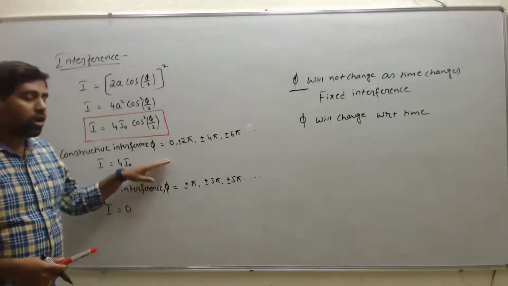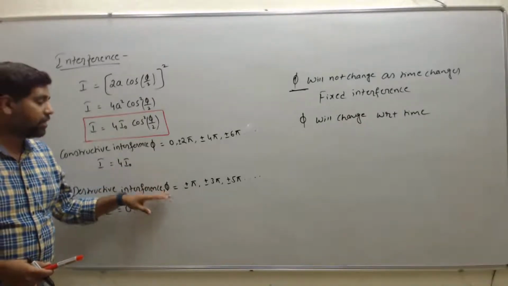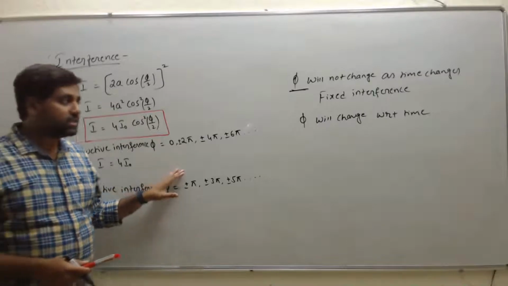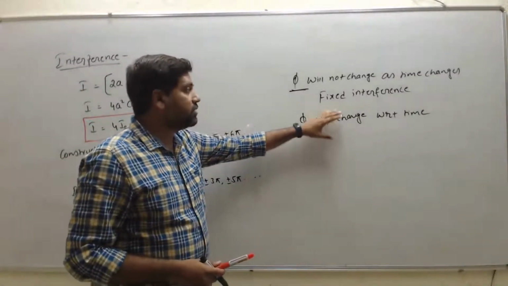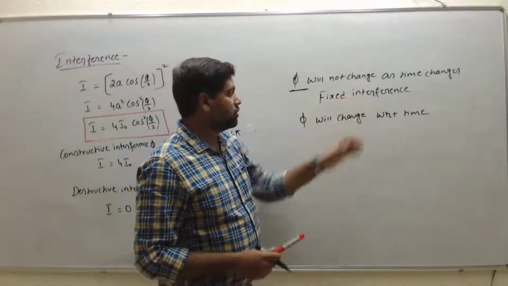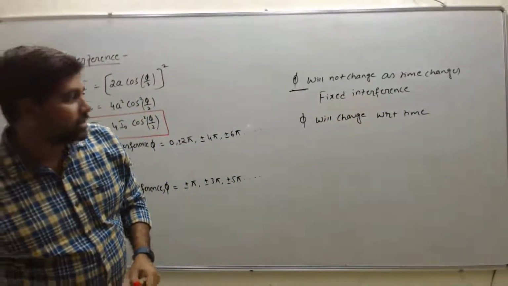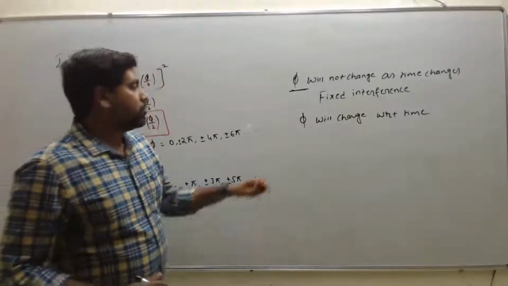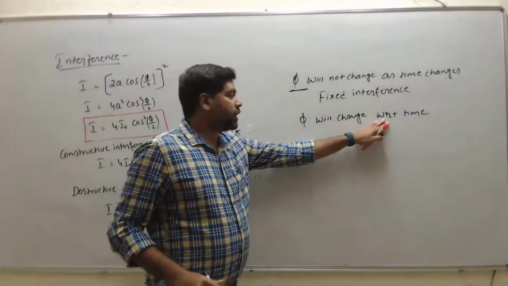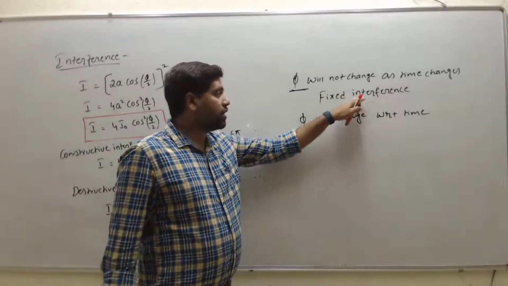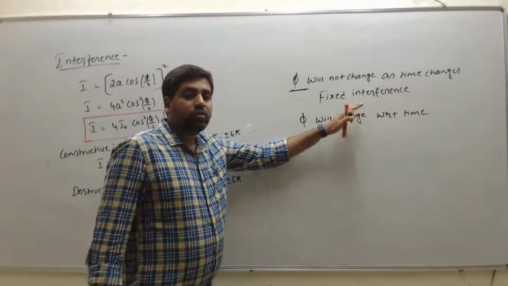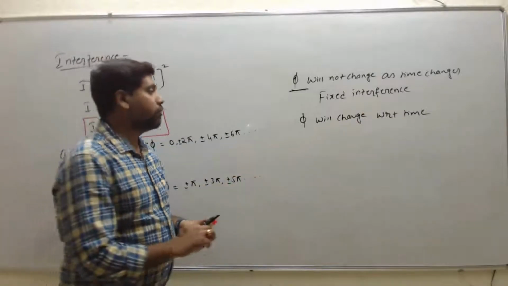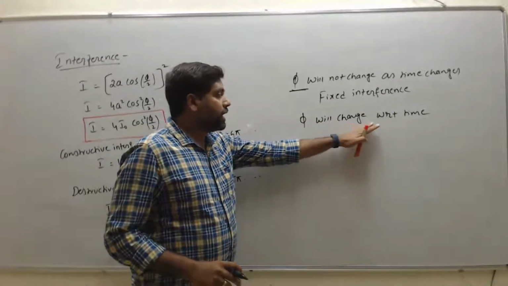The fringes we are getting will also change as the phase difference changes. So if phi will change with respect to time, we are not getting the fixed interference, that is the intensities go on varying.